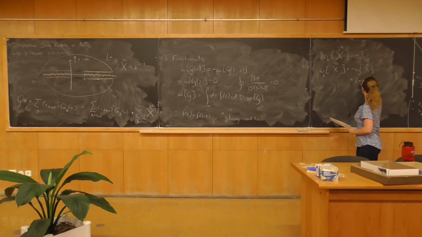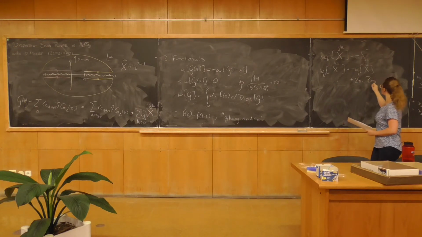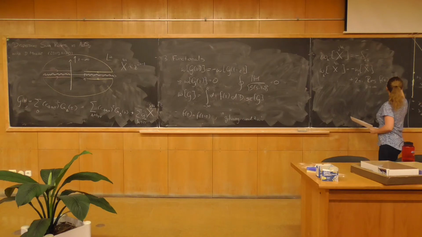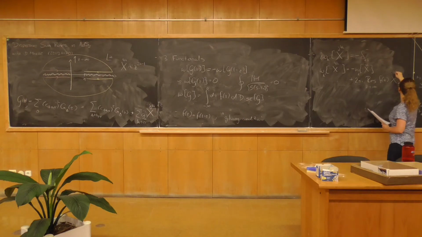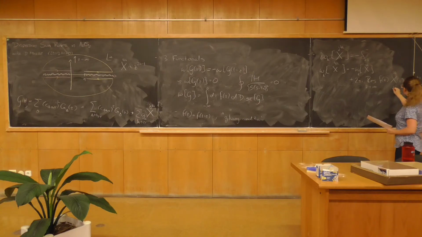So it's 2 pi i, residue as z goes to infinity of this kernel times this contact diagram. This goes as z to the 2k minus 1.